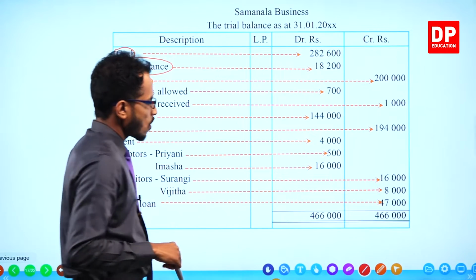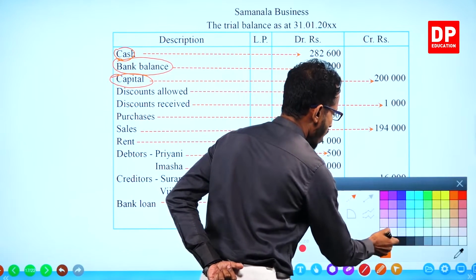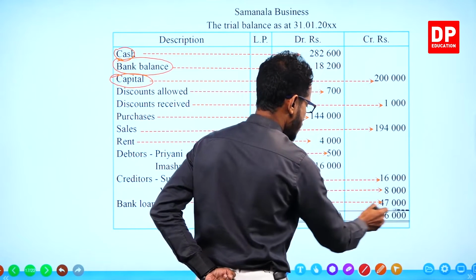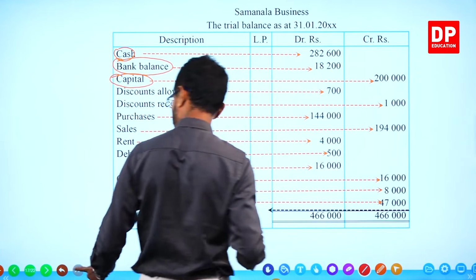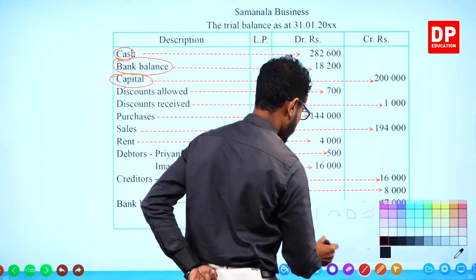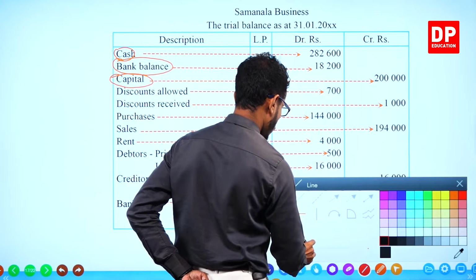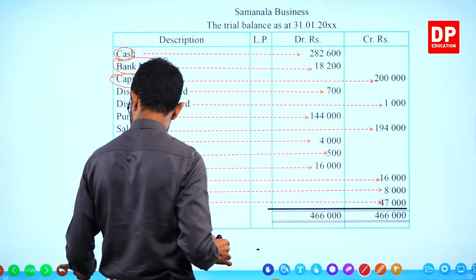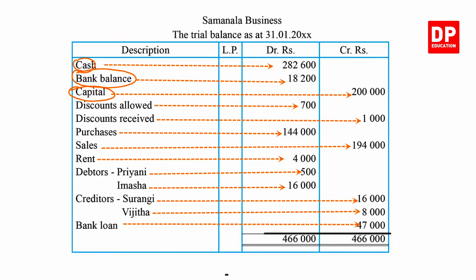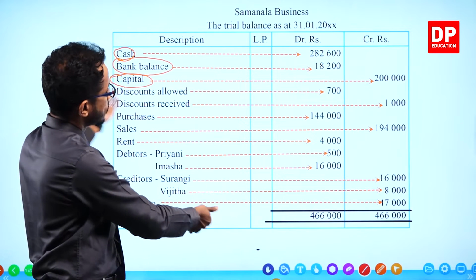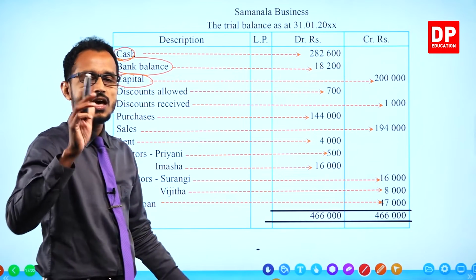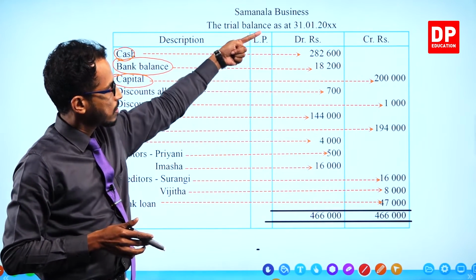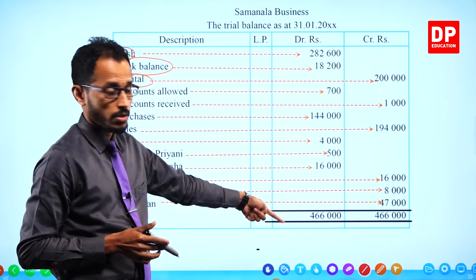Children, when the trial balance is finished, all the ledger account balances are recorded in the trial balance. When all the ledger account balances are recorded, you take the sum of the debit column.